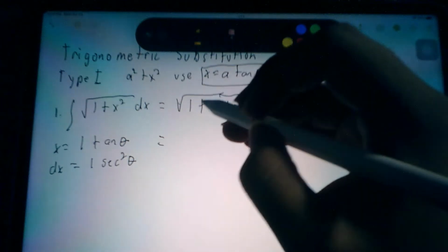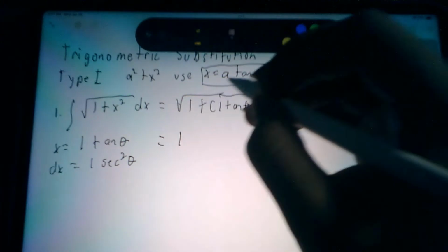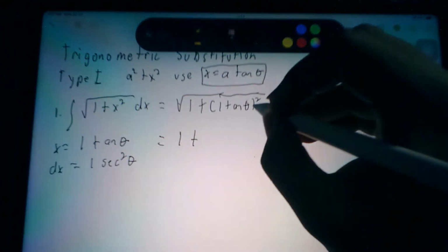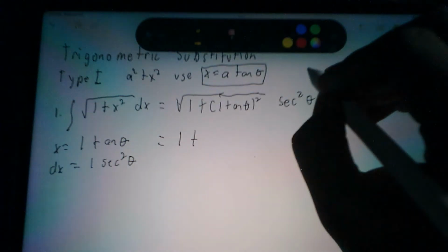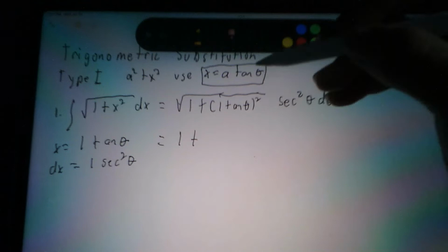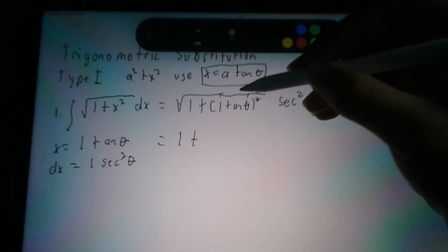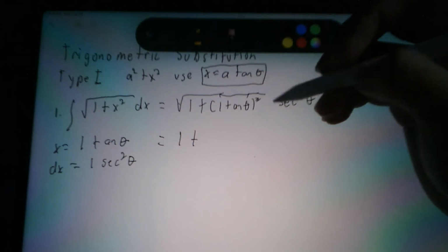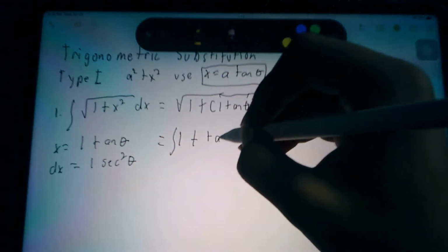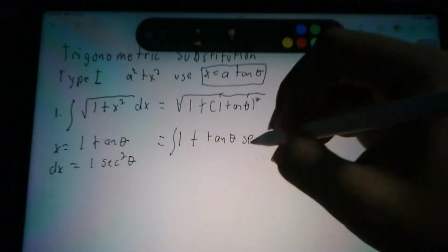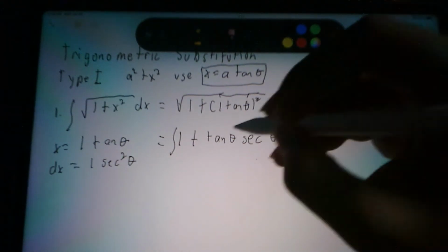By simplifying this, the square root of 1 plus tangent squared theta is just equal to the square root of secant squared, and so we have tangent theta secant squared theta d theta.